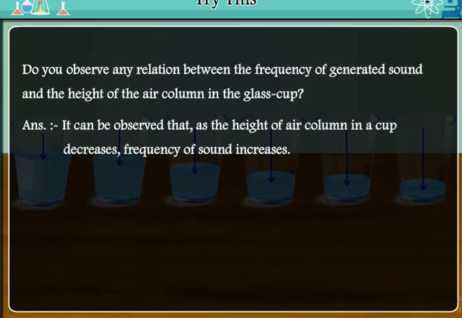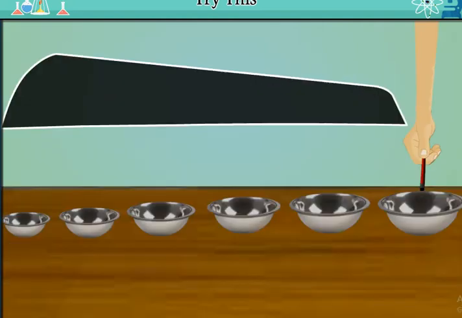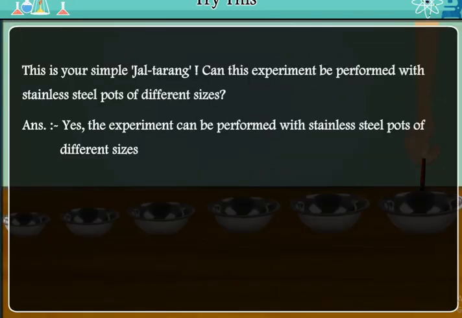It can be observed that as the height of the air column in a cup decreases, the frequency of sound increases. This is a simple Jal Tarang. Can this experiment be performed with stainless steel pots of different sizes? Yes, the experiment can be performed with stainless steel pots of different sizes.